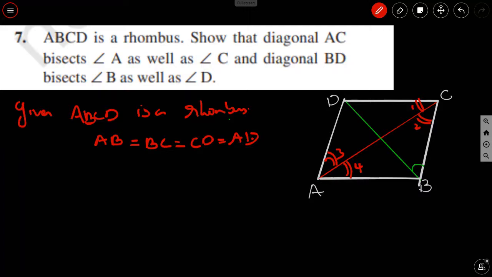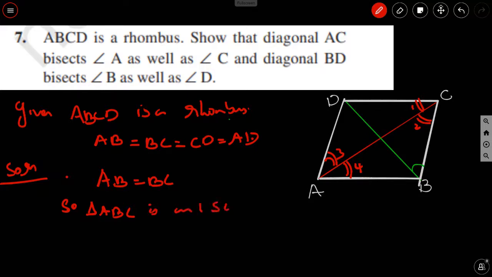So for the solution, as AB equal to BC, we will get triangle ABC is an isosceles triangle. So you will get angle 2 is equal to 4. Similarly, AD equal to DC, so ADC is an isosceles triangle.